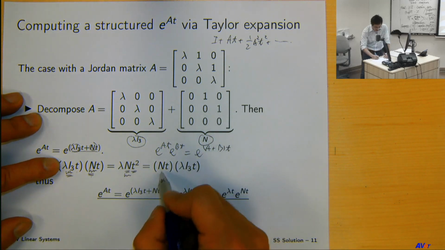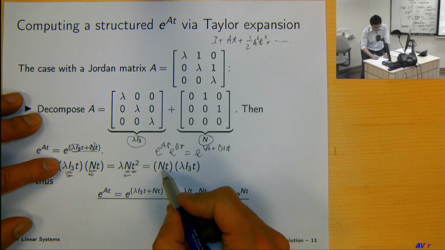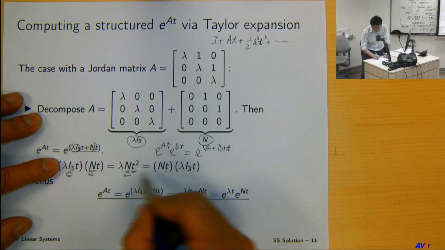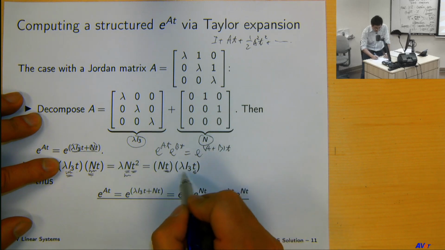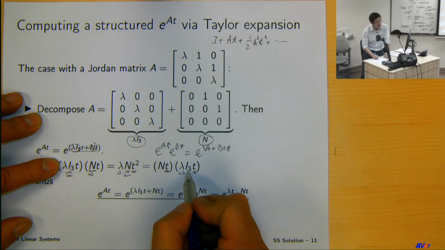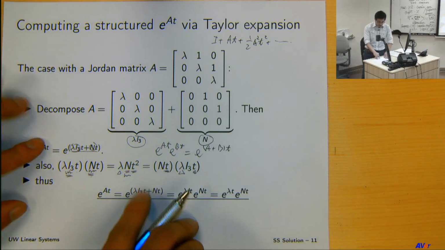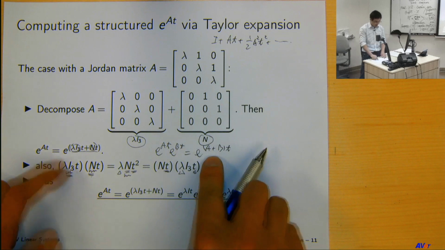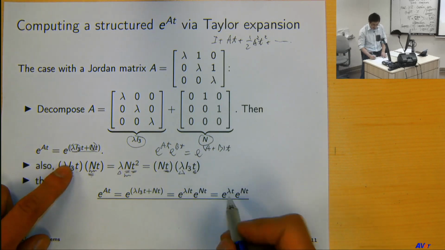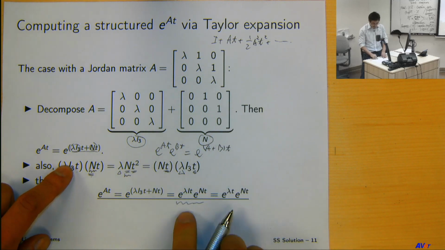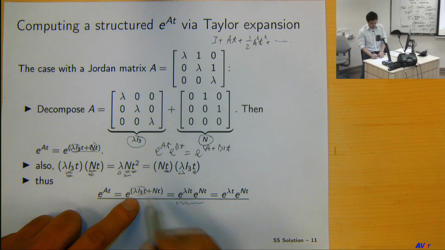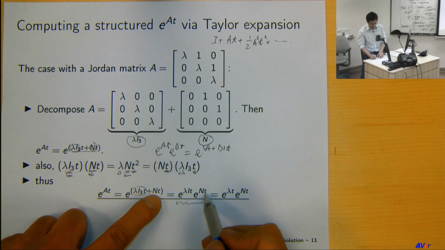So it's the same as B times A. If you swap the order, T is T, lambda is lambda, and N times the identity matrix is still N. For this case, we can use the formula. We can decompose this e to the AT into two terms: the first term is e to the power of lambda IT, and the second term is e to the power of NT.